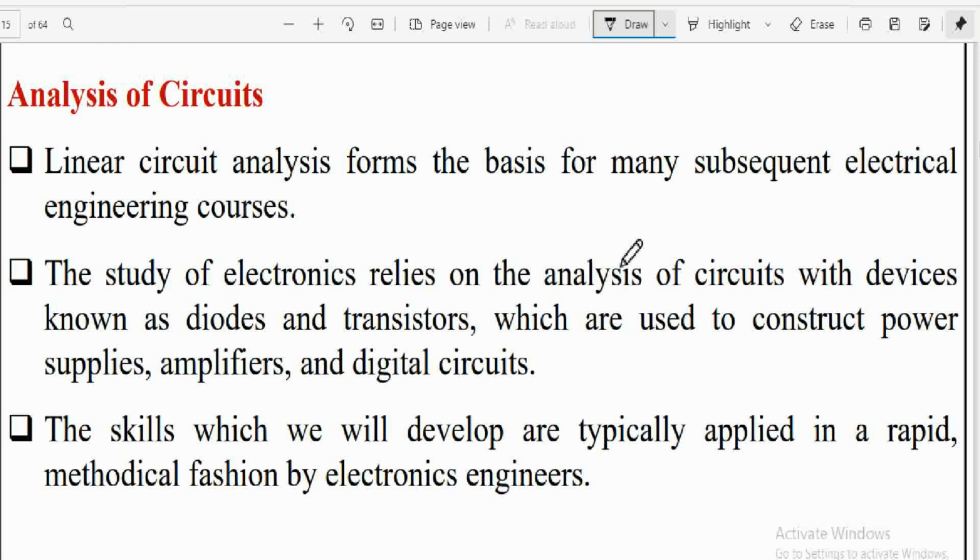The study of electronics relies on the analysis of circuits with devices known as diodes and transistors, which are used to construct power supplies, amplifiers and digital circuits. The skills which we will develop are typically applied in a rapid, methodological fashion by electronics engineers.